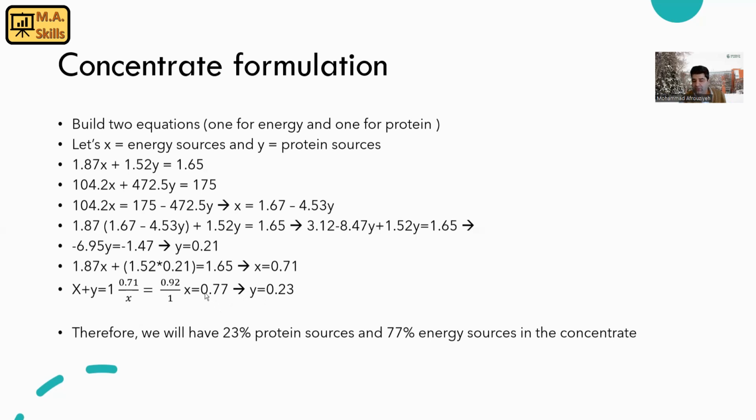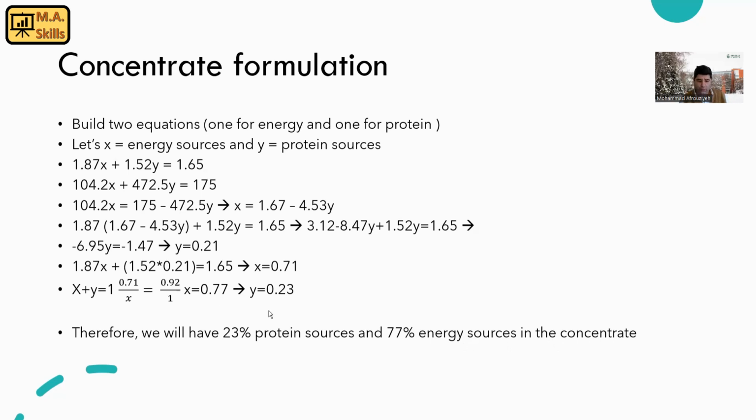And if I have 77% x, which is the energy ingredients, then I need to have 23% protein ingredients, which I call y. So we will have 23% protein sources and 77% energy sources in the concentrate, as we calculated here.